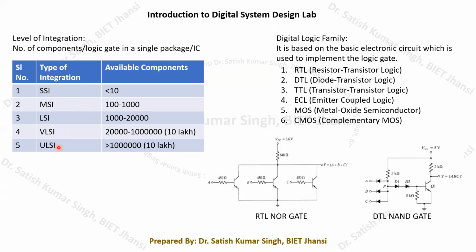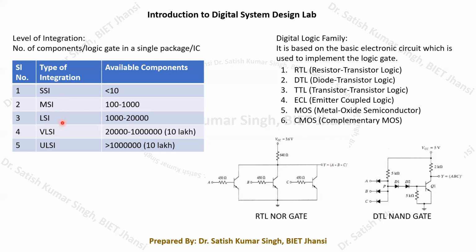So we have SSI, meaning small scale integration, medium scale integration, large scale integration, very large scale integration, then ultra large scale integration. We also have GSI, which is giant scale integration. Based on the number of components integrated onto the given IC, that decides which particular technology we are using.